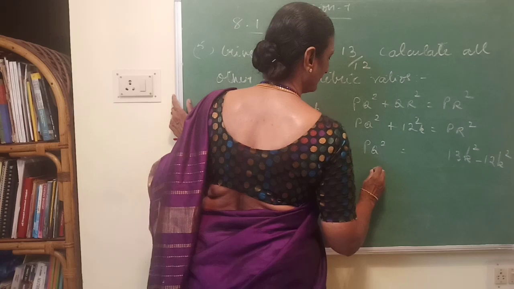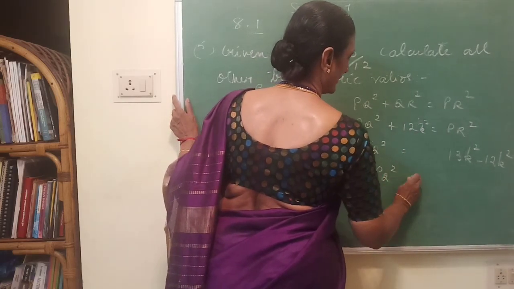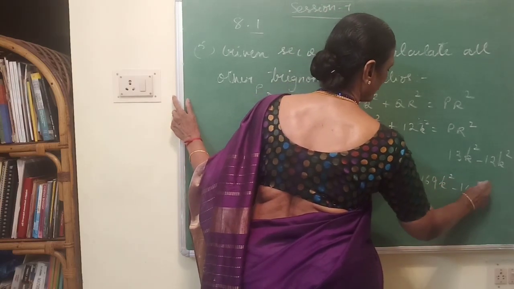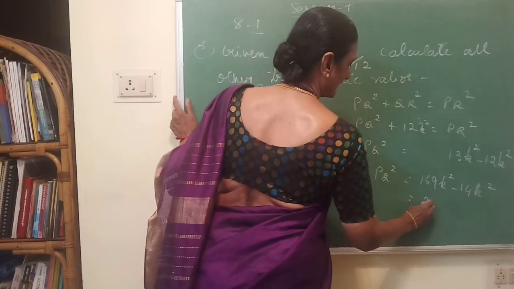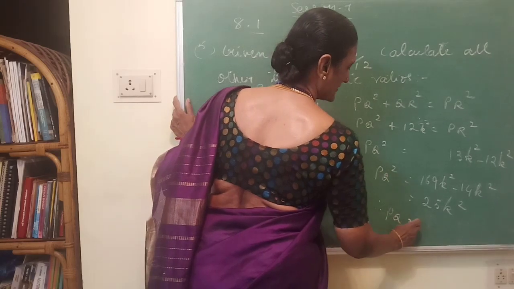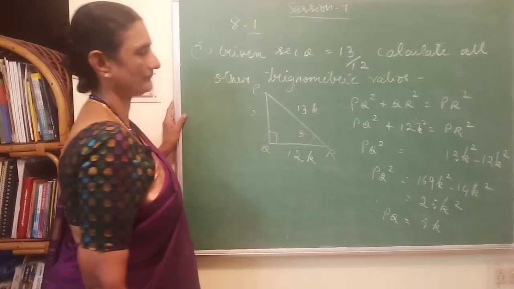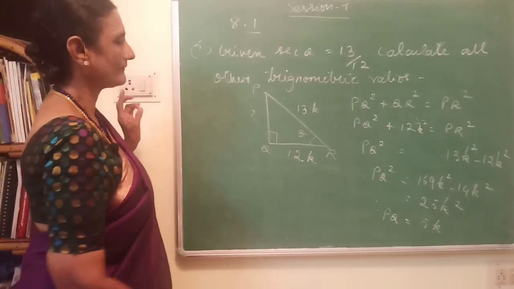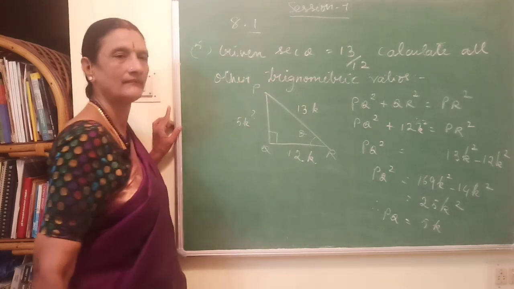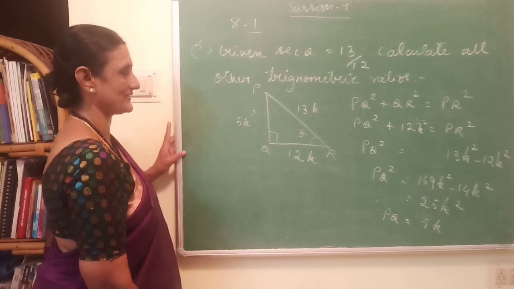So PQ square is equal to 169k square minus 144k square. That gives you 25k square. Therefore, PQ is equal to the square root of 25k square. It is 5k. Are you understanding? Now this is your 5k. I am marking it. Now tell me, we have to calculate all other trigonometric ratios.